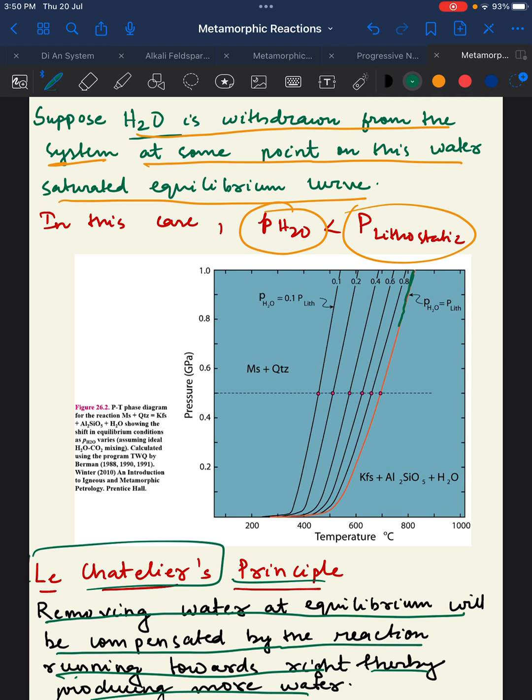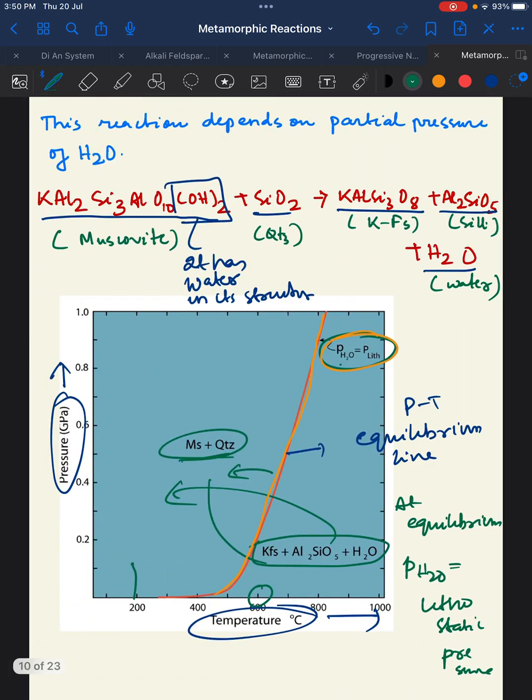Now let us see with the help of this diagram. This green line, I am highlighting it here, has partial pressure of water equal to the lithostatic pressure. Now the water is removed from the system. If the water is removed, the reaction will run towards the right, that is towards K feldspar plus sillimanite plus water. This side is the left side and this side is the right side.